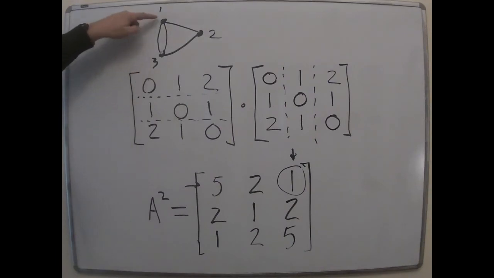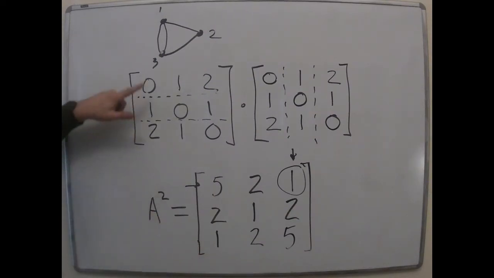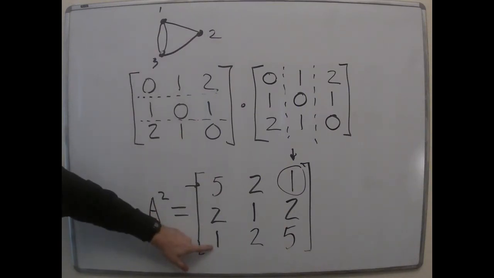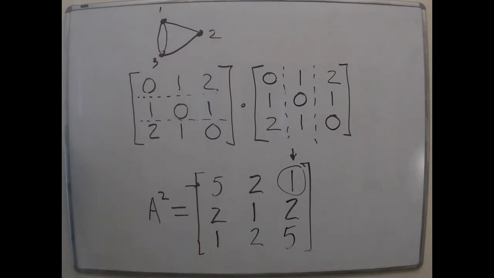How many ways are there to get from 1 to 3 taking a walk of length 2? You have to go over here and come back to here. You can't do this and back because you haven't got to 3. The only route of length 2 from 1 to 3 is that one. That's what that 1 represents. And if you reverse that route, from 3 to 2 back to 1, you've got a walk of length 2 that goes from 3 to 1.